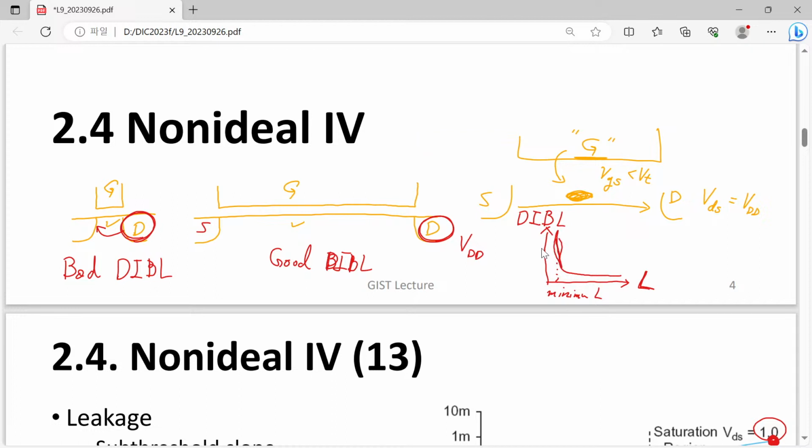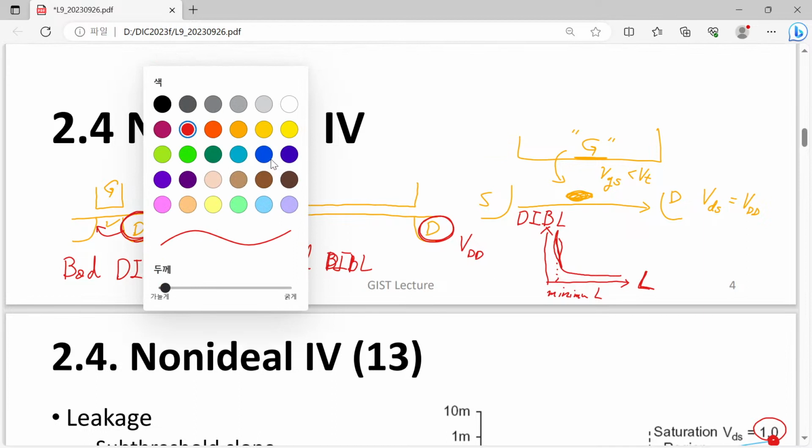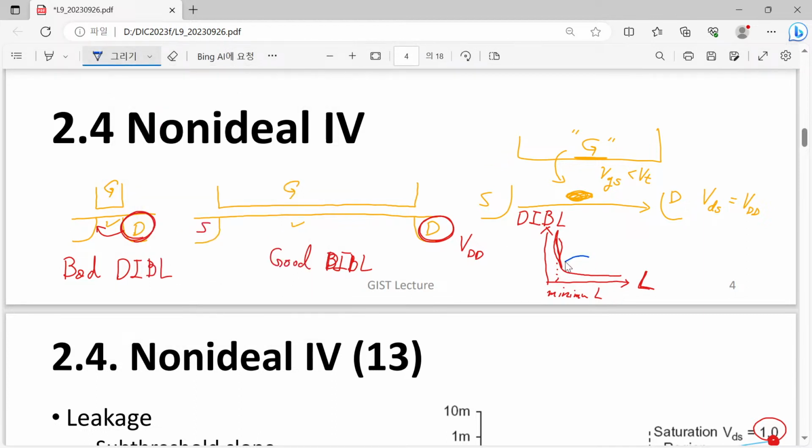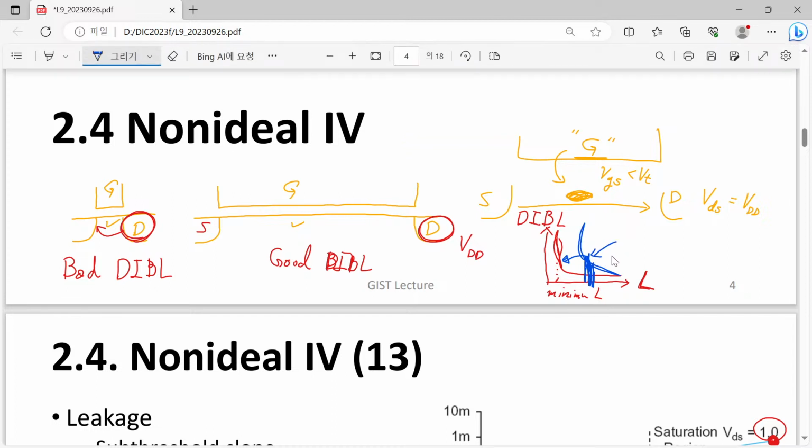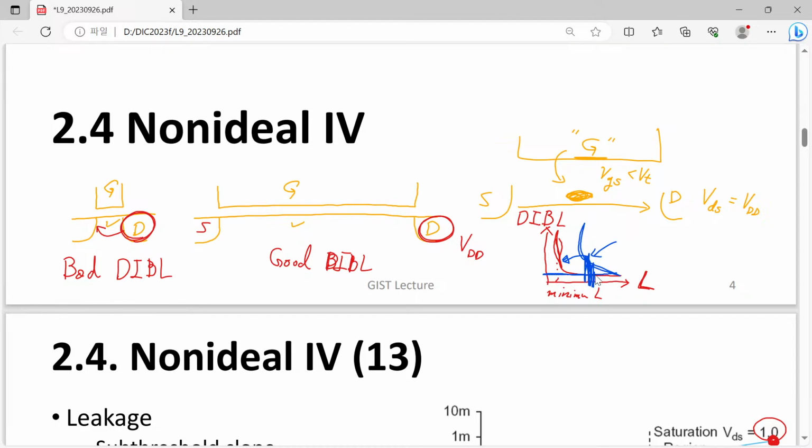It is because the minimum size of your channel length is more or less determined by the position where we have high DIBL. So simply speaking, if we have this kind of behavior, then we will say that this is the allowed minimum L value. And if our device just looks like this, then maybe we can try even shorter channel length.